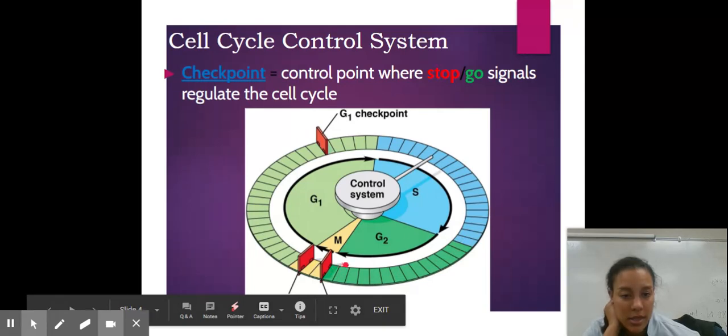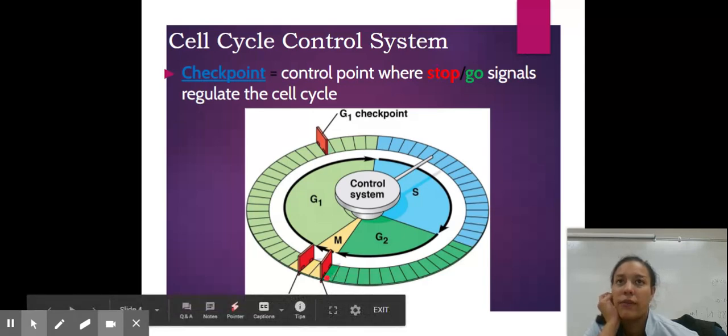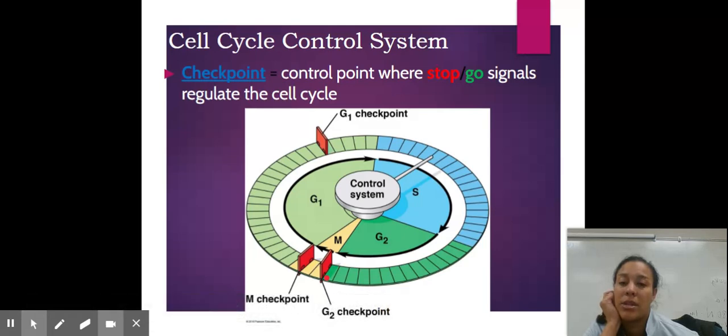And sometimes these cells will just kind of hit pause right here until it's ready to divide, or the cell nucleus says, hey, it's time for you to divide. But this G2 checkpoint is going to check for proper growth so that it's big enough and ready to be split in half.